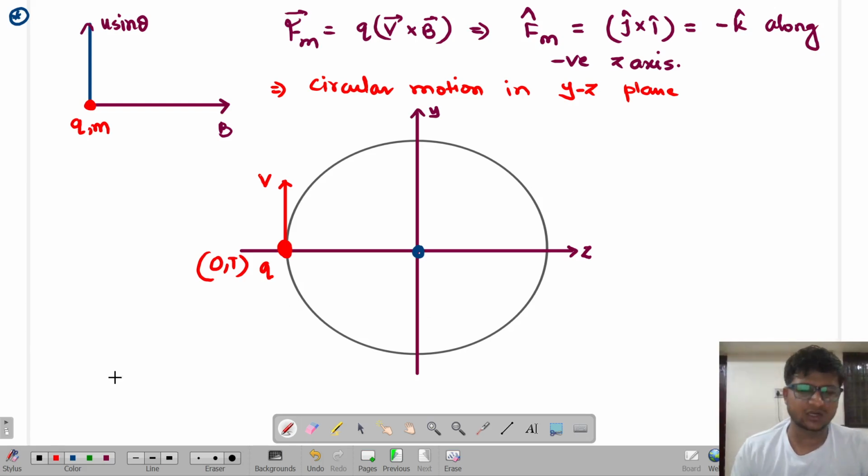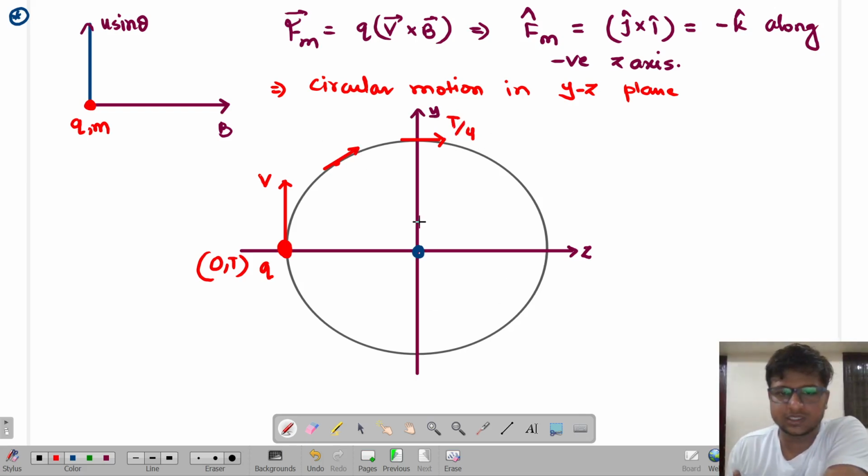Then what happens? This particle comes over here. Then at exactly t by 4 seconds, it completes 1/4 of the revolution. This is t by 4, but the velocity will still not change.